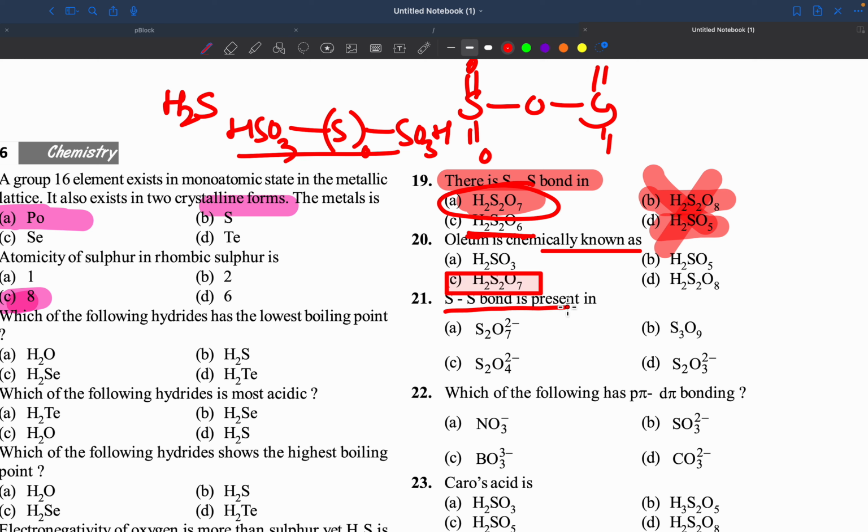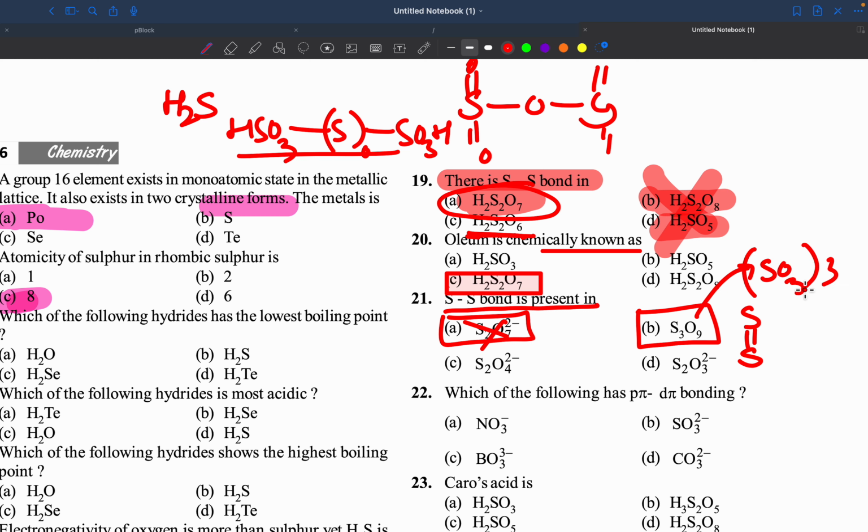S-S bond is present in tetrathionic acid, dithionic acid. It is not in H2S2O7. So in S2O3 you have got an S-S bond present here. S3O9 has a trimeric structure. This is nothing but SO3. The trimeric form of SO3 is S3O9.